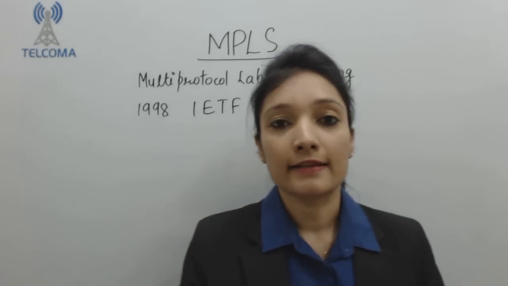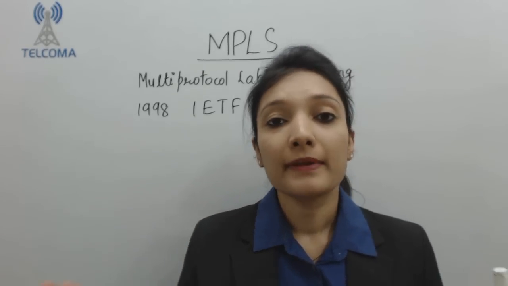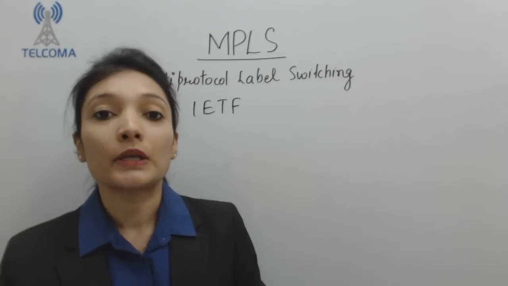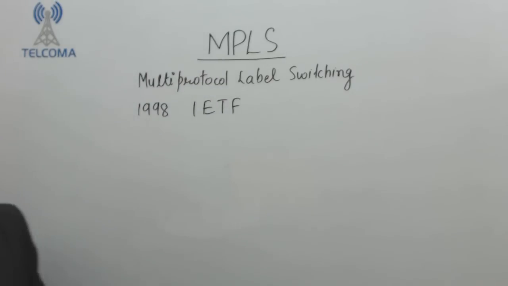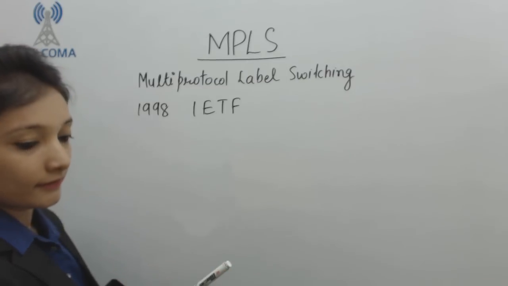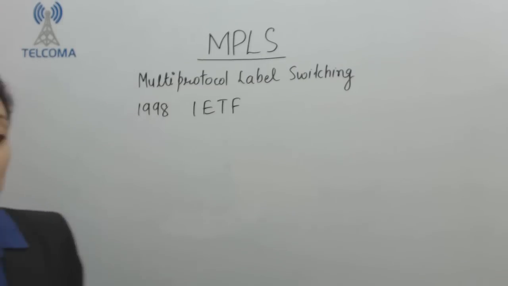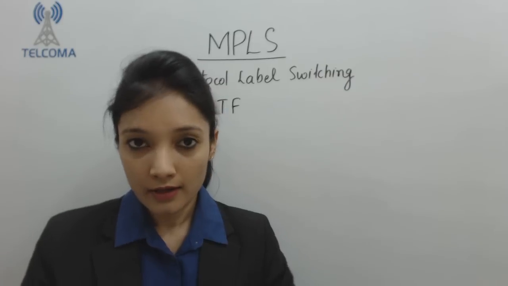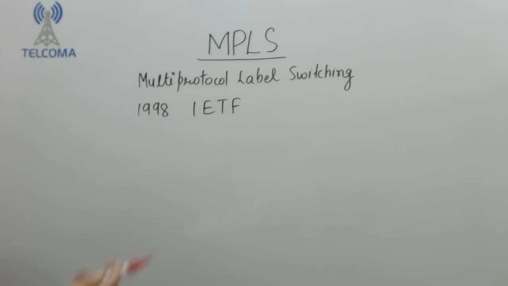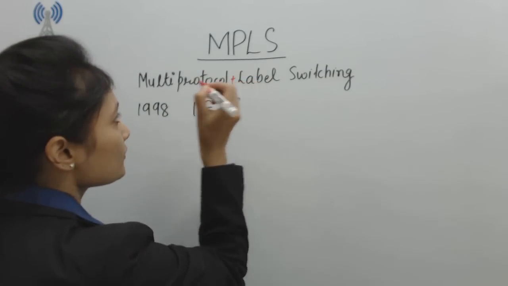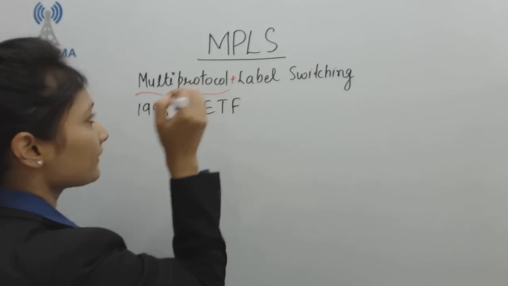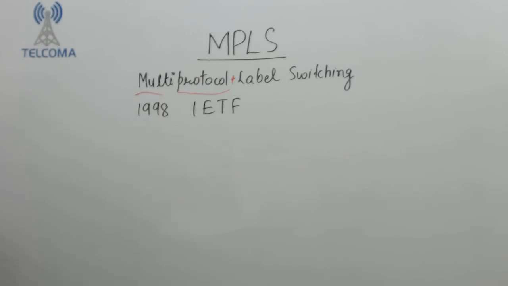Now, as we can see, MPLS stands for multi-protocol label switching. So this includes two terminologies: multi-protocol and label switching. That means the term itself shows that it can incorporate a number of protocols.